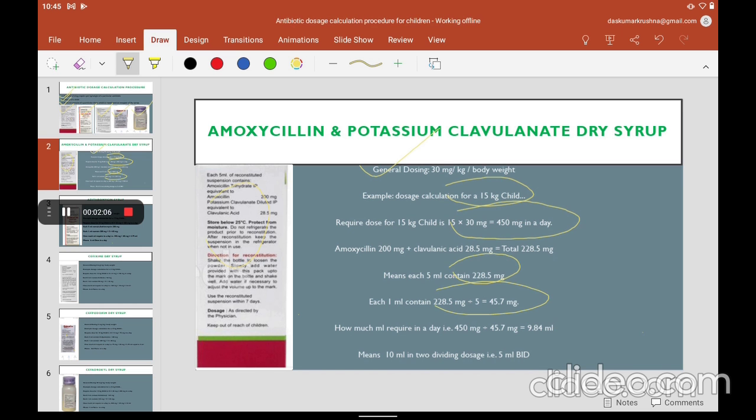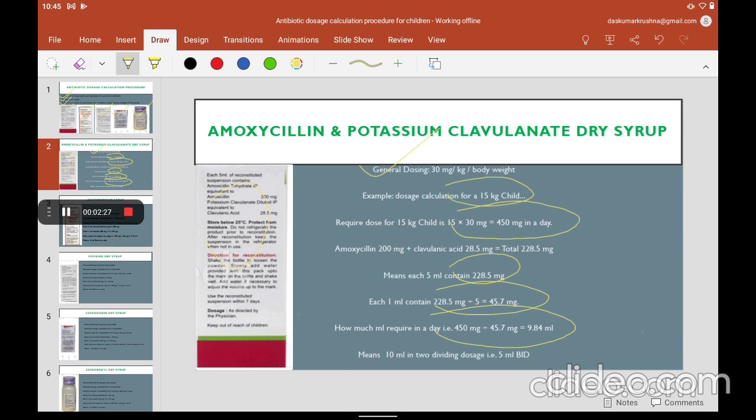Then how much ml is required in a day? That is calculated as follows: 450 mg divided by 45.7 mg equal to 9.84 ml. Means 10 ml, that is divided into 2 doses, that is 5 ml BID.